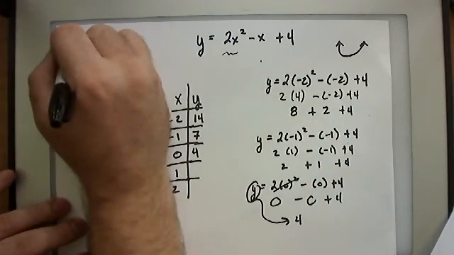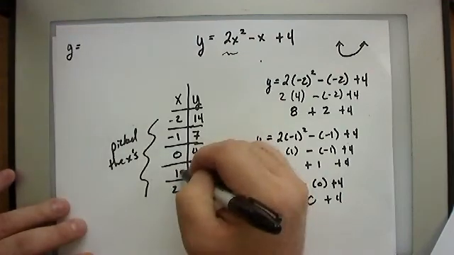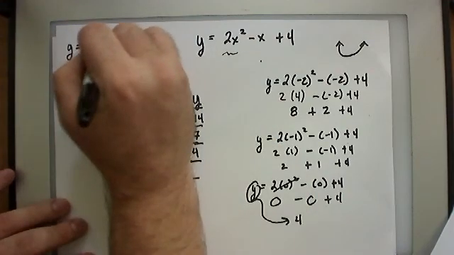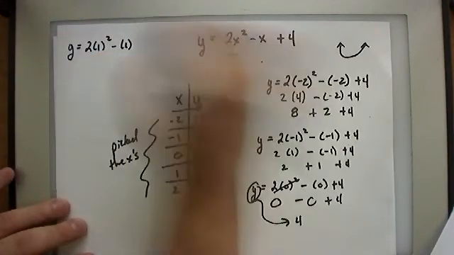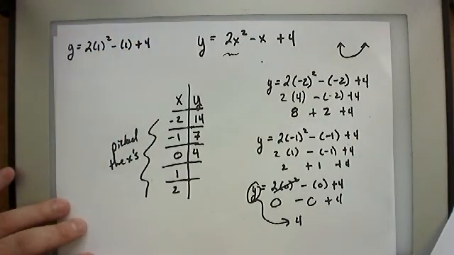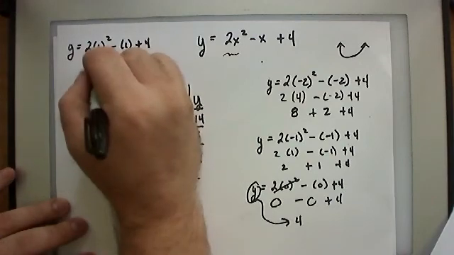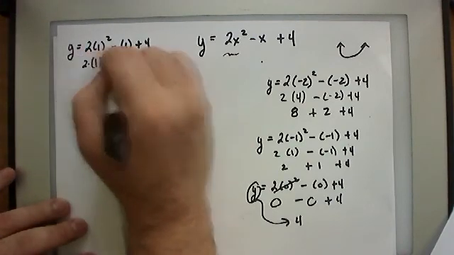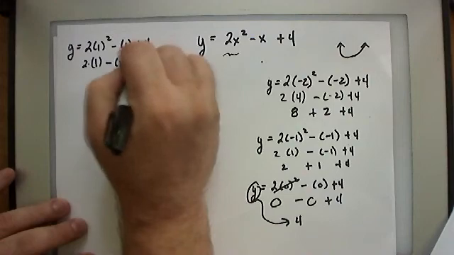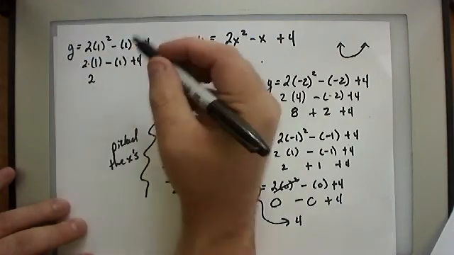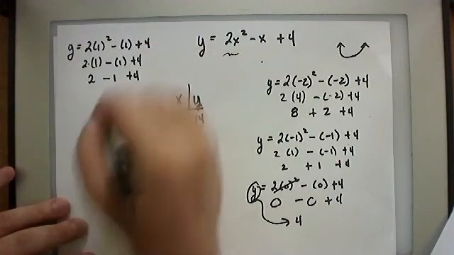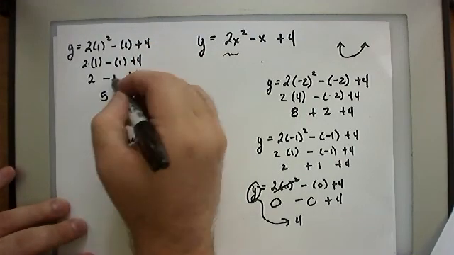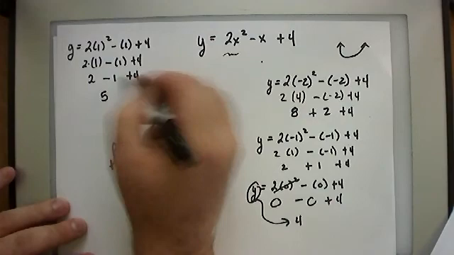So we got y equals, now we're gonna do 1. 2 times 1 squared minus 1 plus 4, okay? 1 squared is 1 times 2 minus 1 plus 4, that's 2 minus 1 plus 4. Excuse me, 2 minus 1 is 1 plus 4, that's 5.